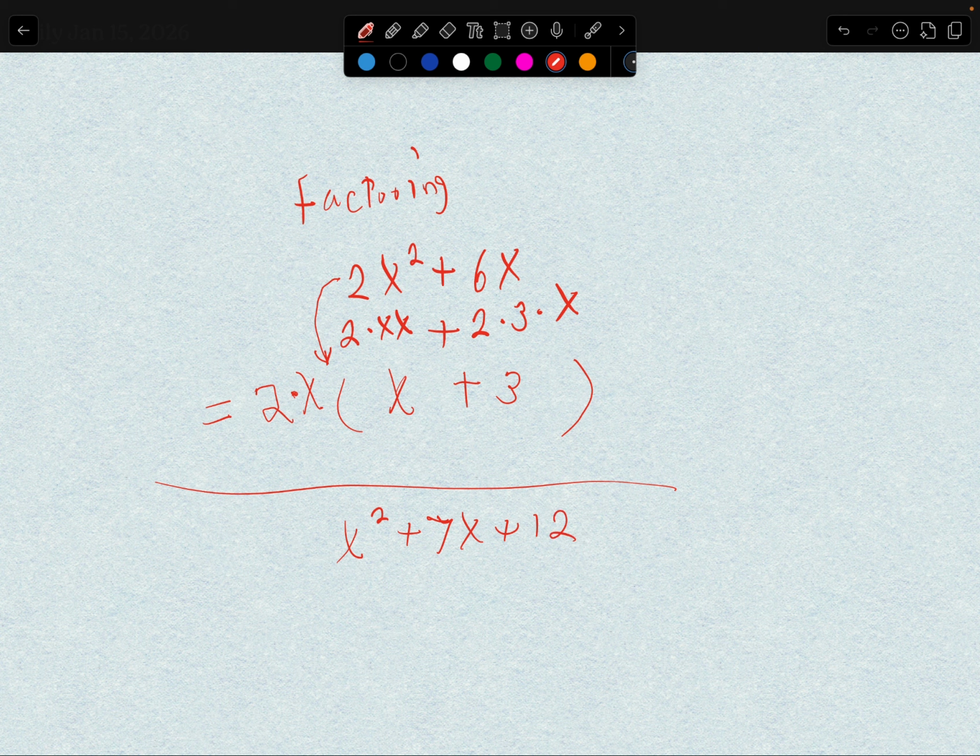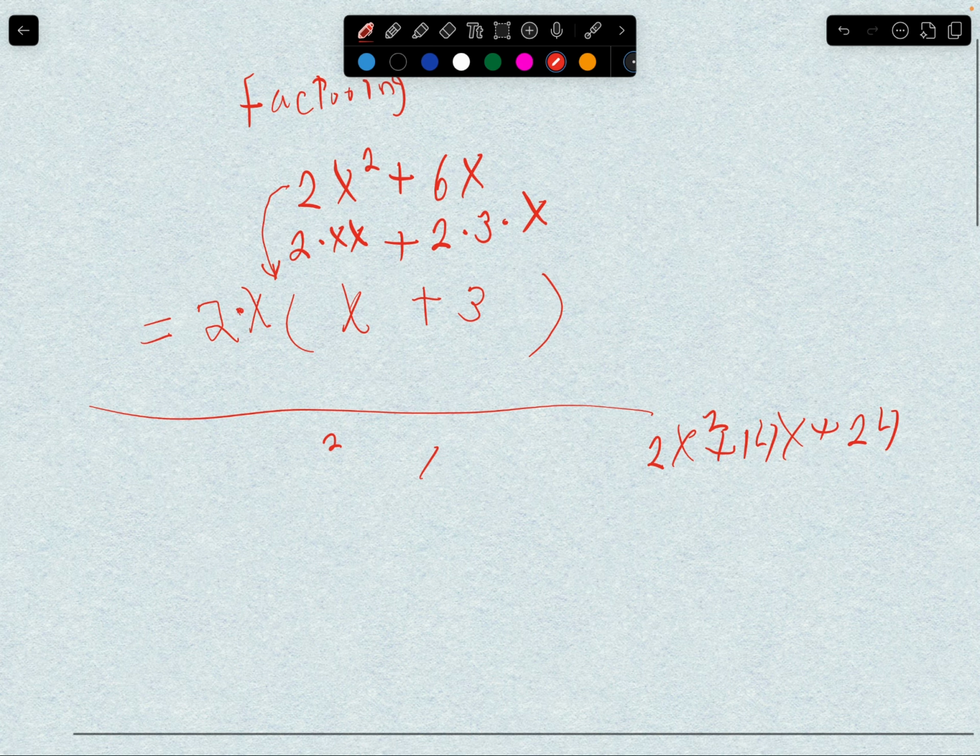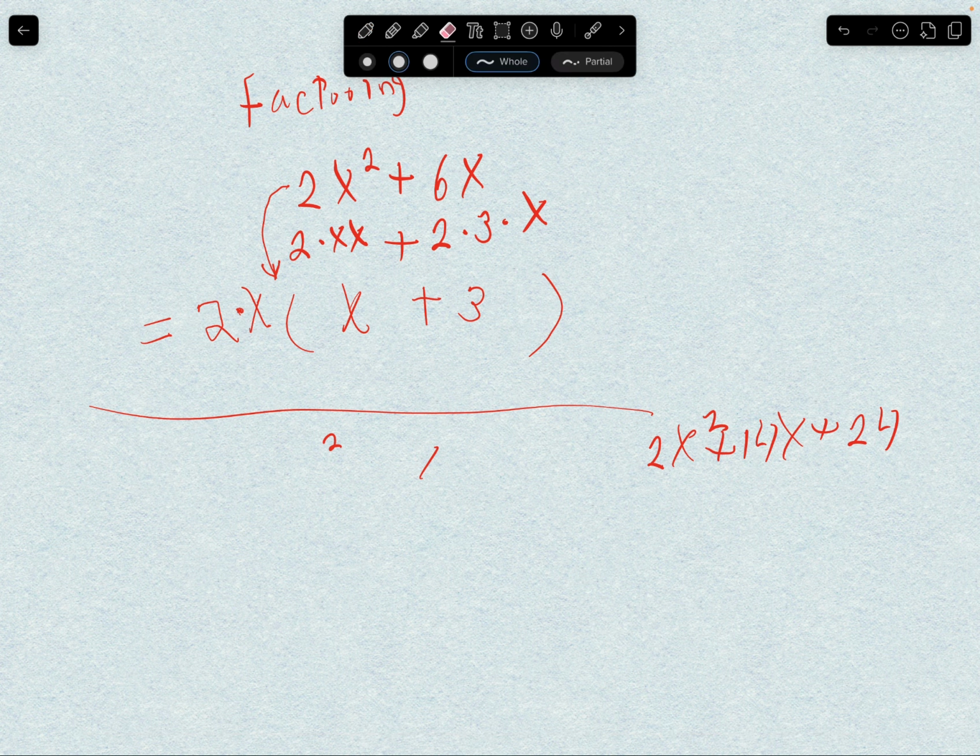And so also you could have something like, let's do a double one: 2x squared plus 14x plus 24. If I wanted to factor that, the first thing I always need to look for is, are there any common factors?